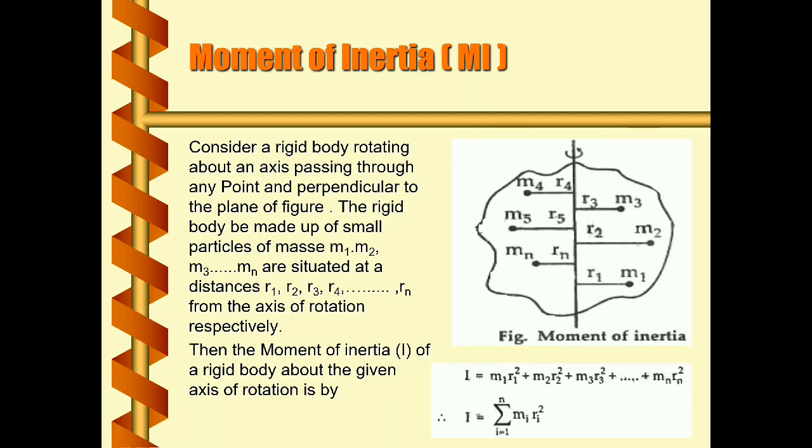So I equals, for the first particle m1r1 square, for the second particle m2r2 square, for the third particle m3r3 square, likewise for the last particle mnrn square. The summation of all these terms gives the total moment of inertia of the body. In generalization you can write the expression as summation i goes from 1 to n of mi ri square.